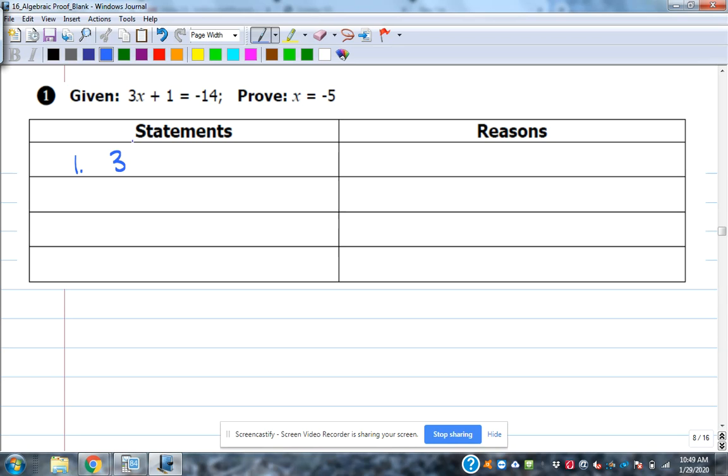All right, so I'm going to number them: 3x plus 1 equals negative 14. And then our first reason should be given. Absolutely. Good job, Carson. Now, 3x equals negative 15 by the subtraction property.